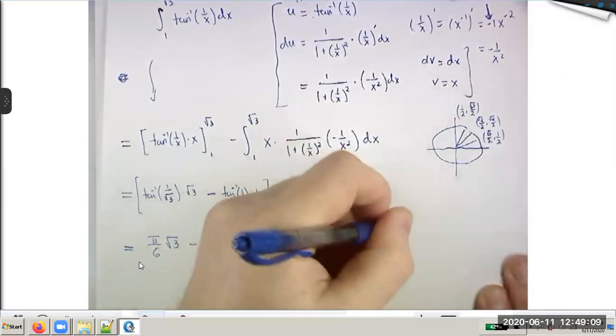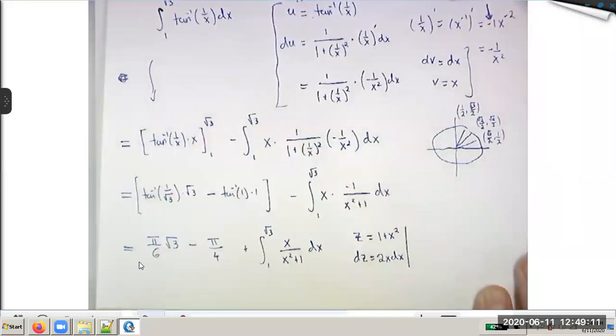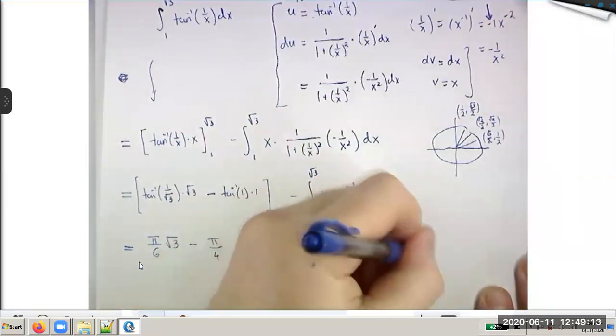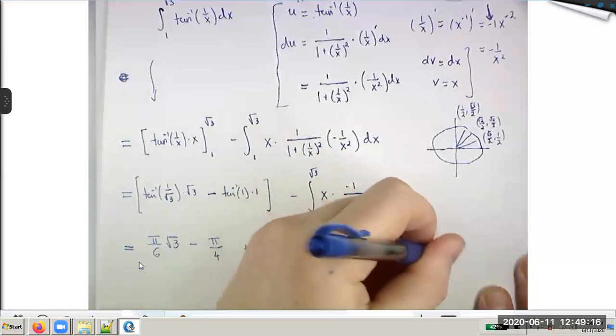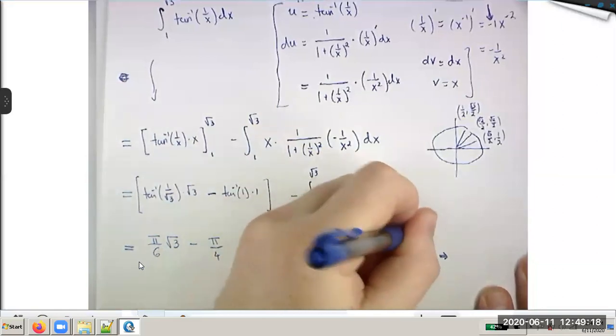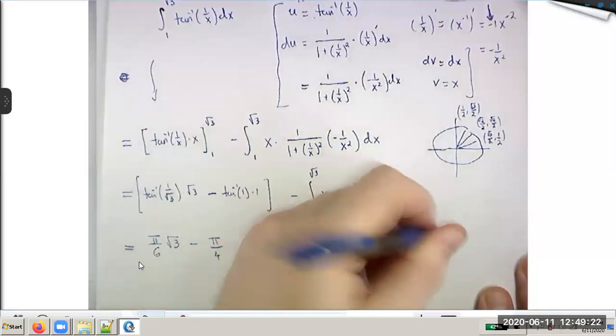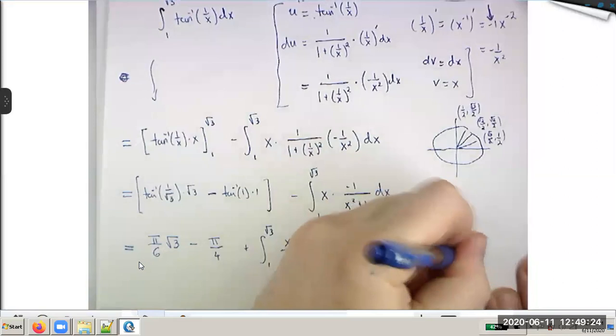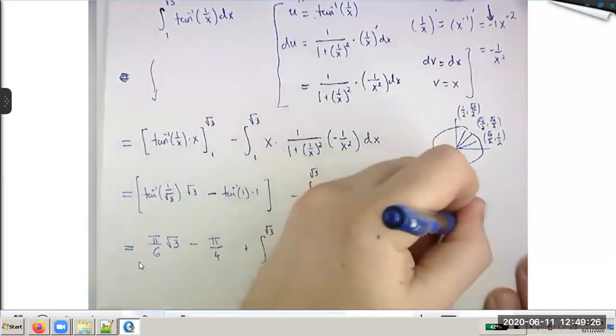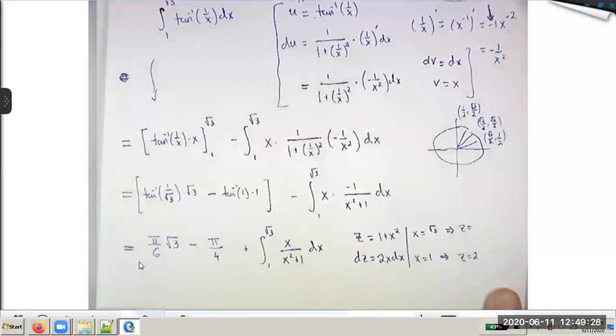And when we do this, we also have to change the bounds. When x is equal to 1, z is equal to 2. And when x is equal to root 3, z is equal to 4.